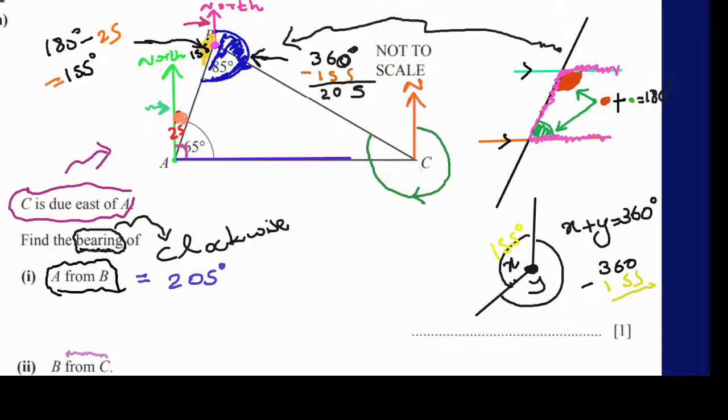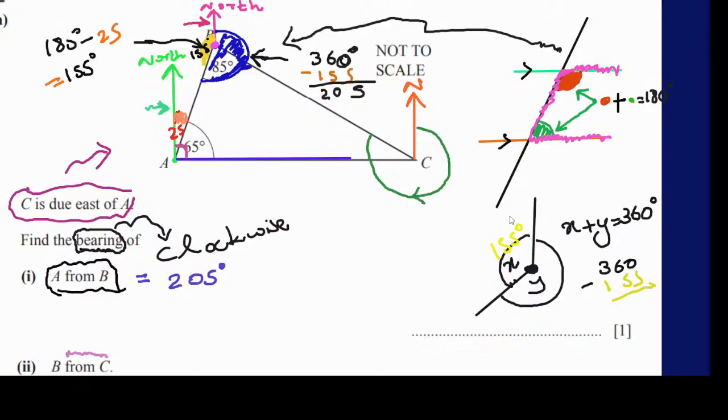Alright. So how would you find this green angle's magnitude? There are multiple ways to do this question. I'll just discuss two ways of doing it.